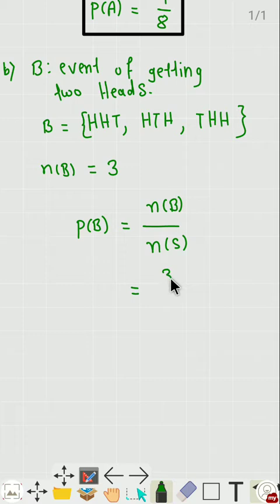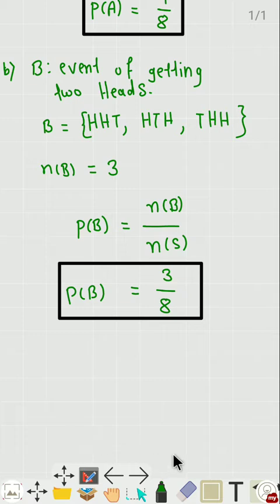So n of B is 3 and n of S is 8, so the probability of event B is 3 by 8.